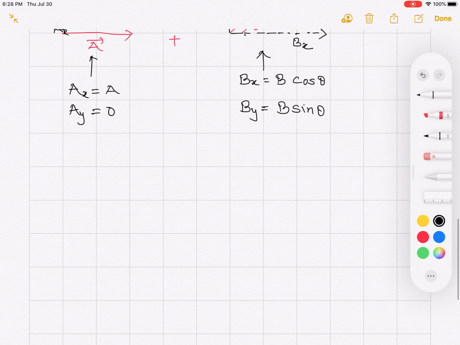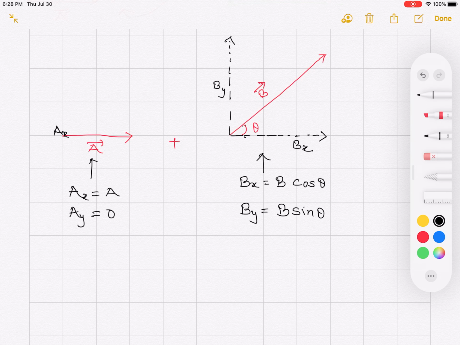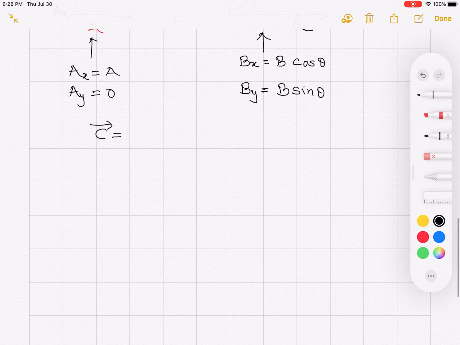Now we need to add the x components and y components. Let's suppose the final vector is c. So c is the vector that is the result of a plus b.